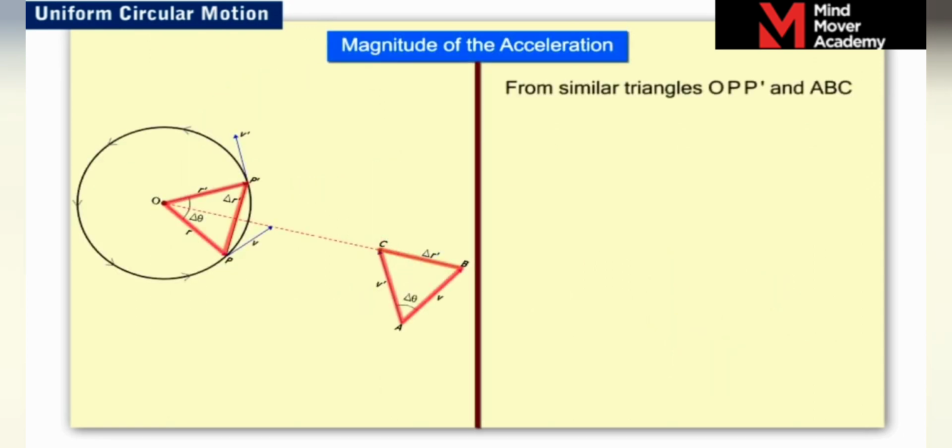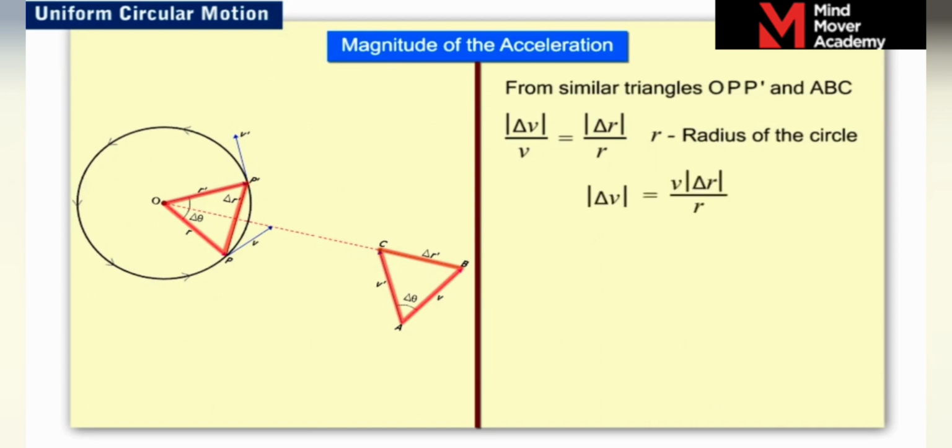From these similar triangles, we can write magnitude of delta v by v is equal to magnitude of delta r by r, where r is the radius of the circle. This can be written as magnitude of delta v is equal to v into magnitude of delta r by r.